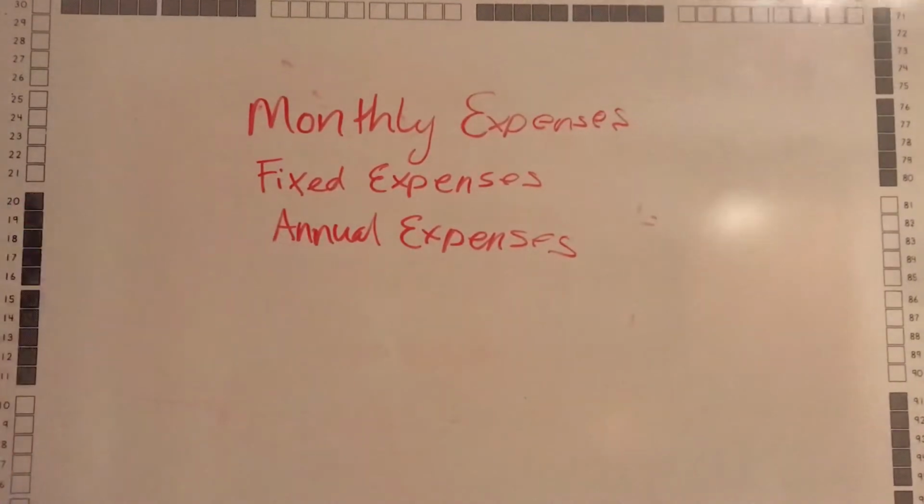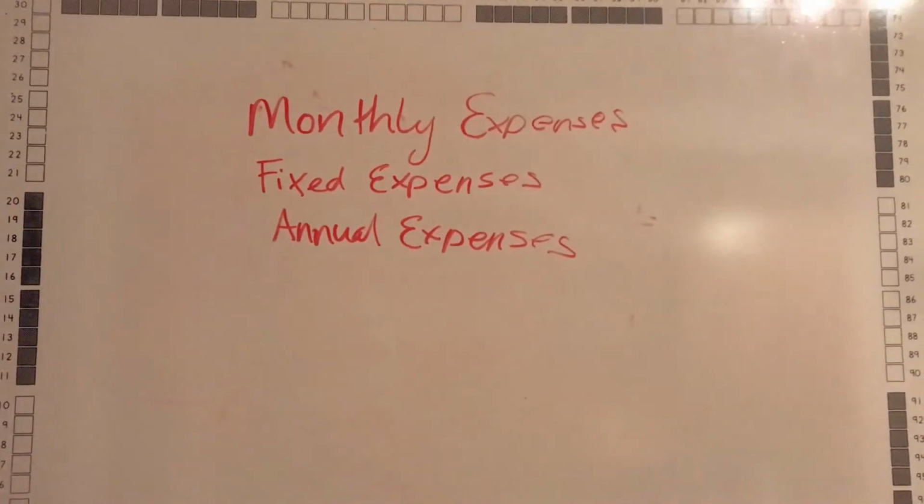Now, all of these should be on your monthly budget sheet. If you look over on page 161, they have an example of what that looks like.